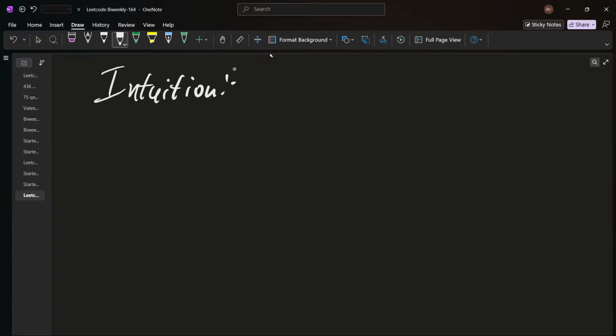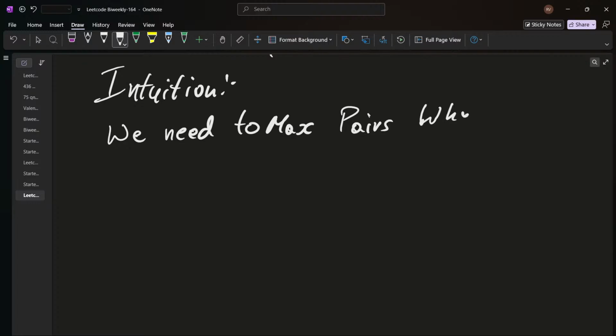We need to maximize the number of pairs, max pairs, where pairs we can form have conditions.